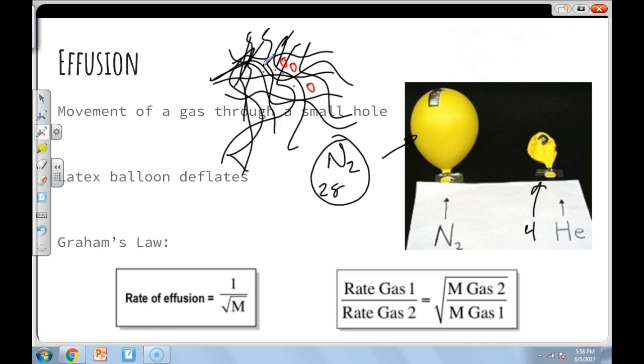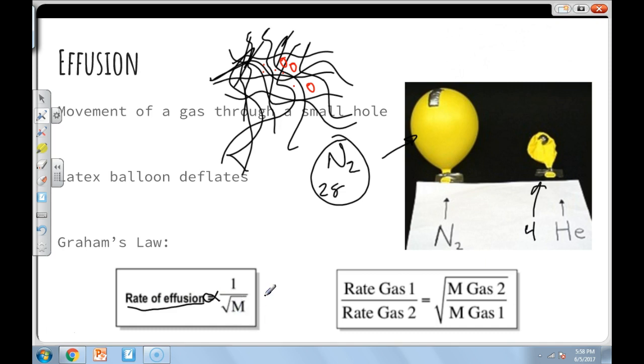This is called Graham's law of effusion, and let me correct something here. This just says that the rate of effusion is proportional to, it's not equal to 1 over the square root of molar mass, but is proportional to 1 over the square root of molar mass.